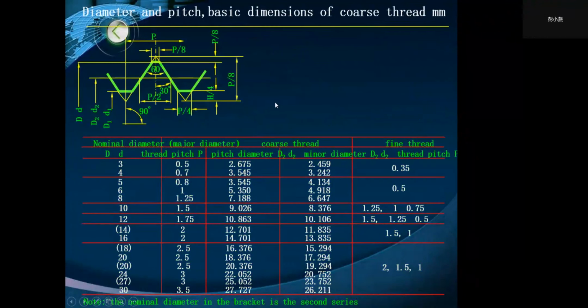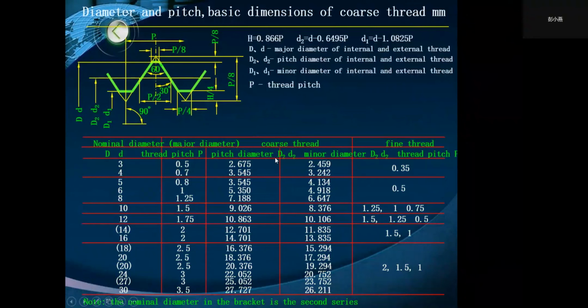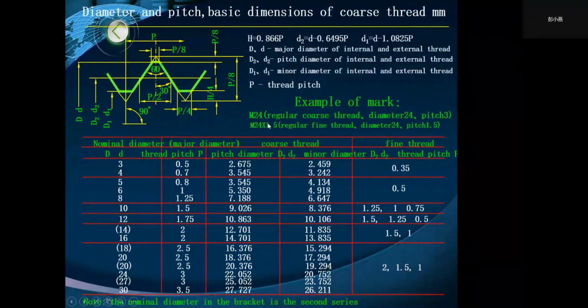This is the diameter and pitch basic dimensions of coarse thread. For example, M24 by 1.5 is a thread with a nominal major diameter of 24 millimeter and a pitch of 1.5 millimeter.